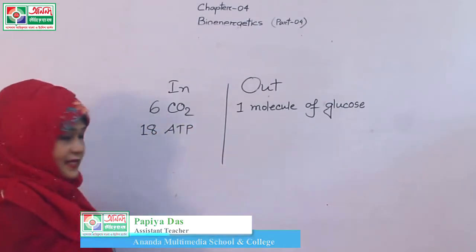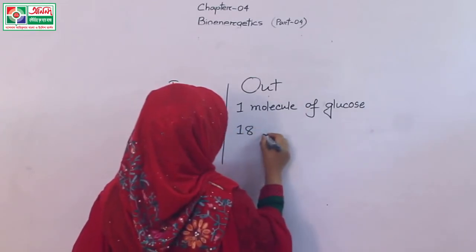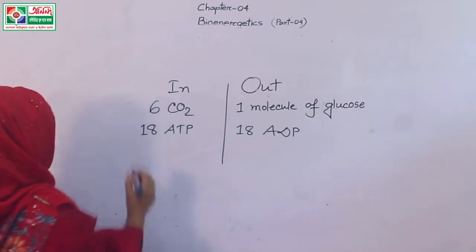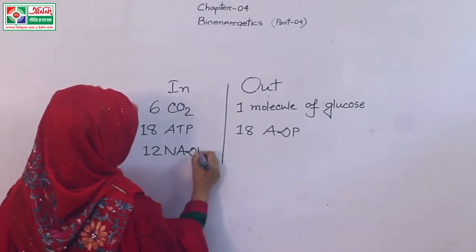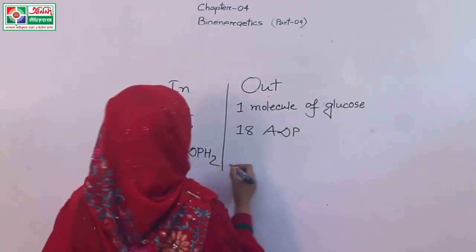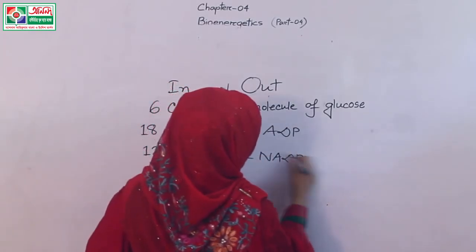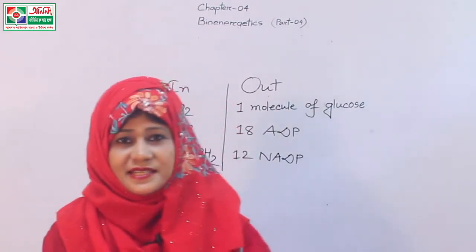From this 18 ATP, ultimately we will get 18 ADP and P, and 12 NADPH2. We will get 12 NADP. So students, this was all about the Calvin cycle.